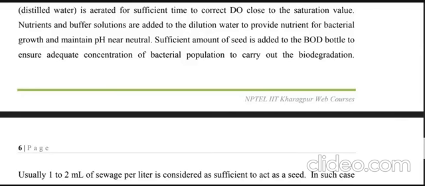When we add the seed, it means we are adding extra organic matter into that bottle. Say 5 milligram per liter of organic matter is initially present, and you add another 1 milligram per liter. When you take the measurement, the organic matter is already present and you have added extra, so whatever extra you add, you need to subtract that part.